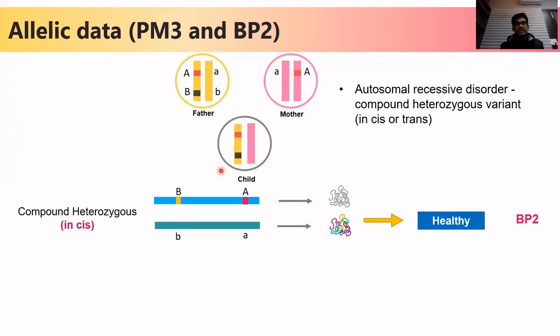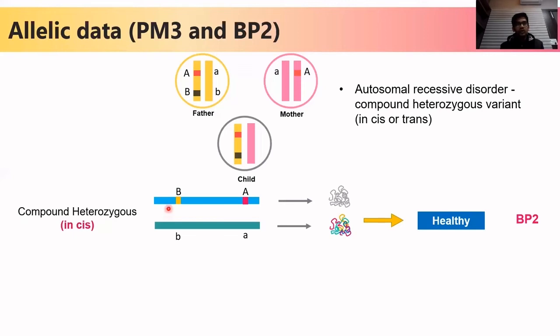For example, there is a child who has inherited this particular copy from the father and this copy from the mother. This type of inheritance and genotype will be compound heterozygous in cis. But in an autosomal recessive disorder, both copies of the gene should be affected for the person to be affected.